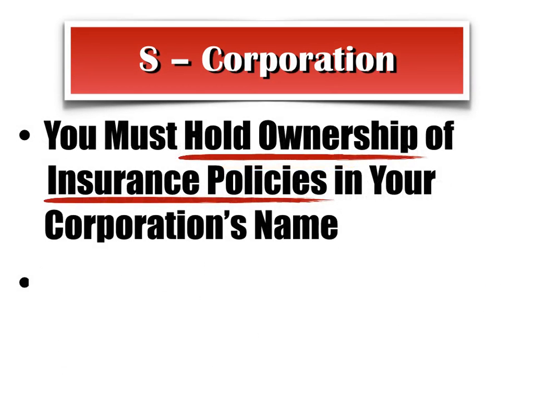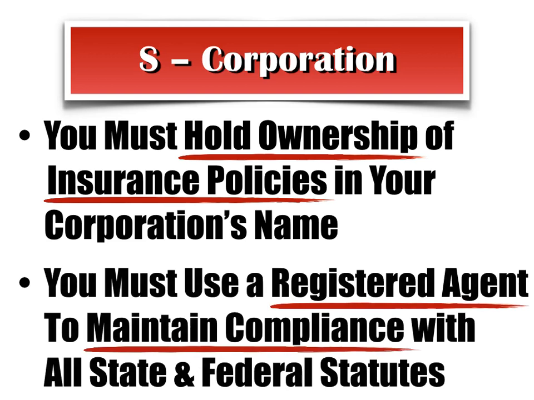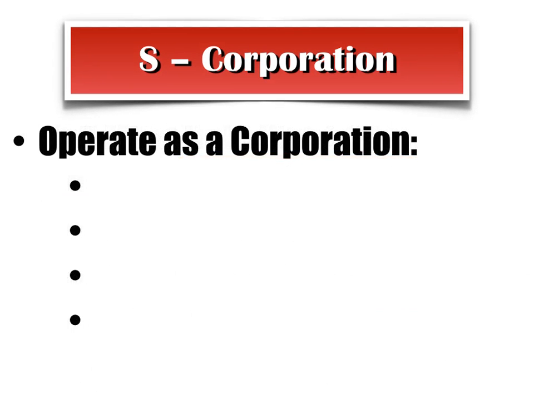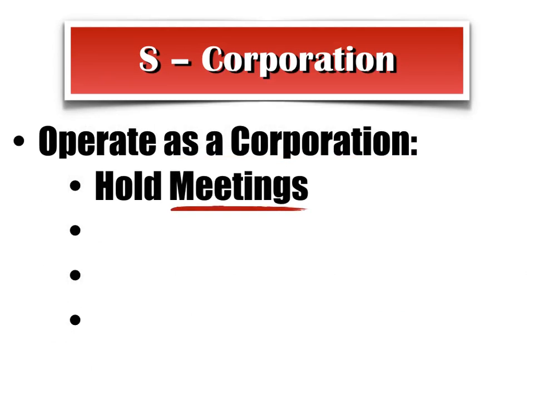At the same time, you must hold ownership of insurance policies in your corporation's name because it has the insurable interest in that property. And you'll want to use a registered agent to help you maintain compliance with all state and federal statutes. And finally, you'll want to operate your business as a corporation, which means you need to hold corporate meetings.